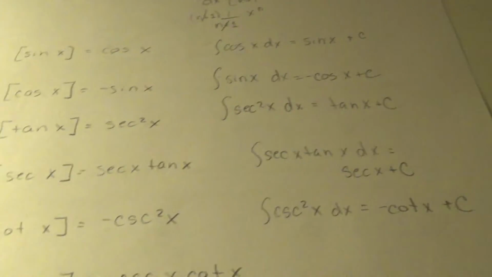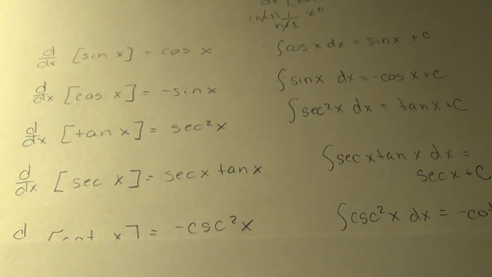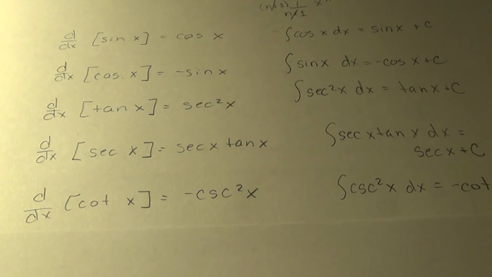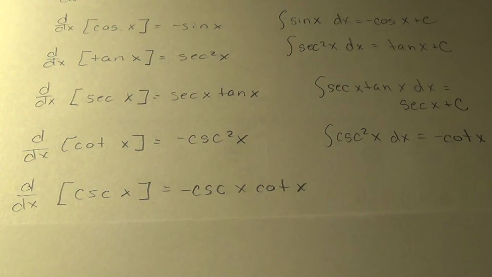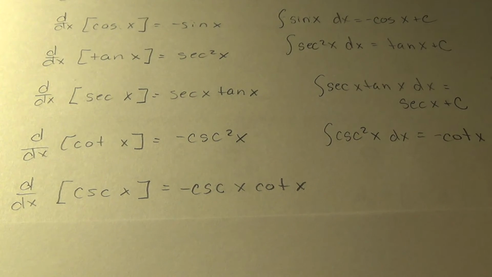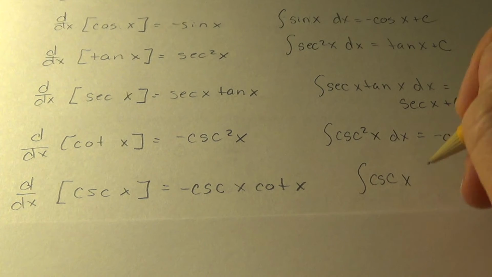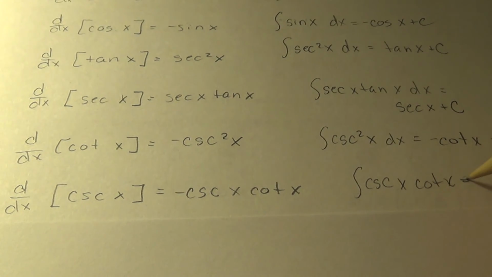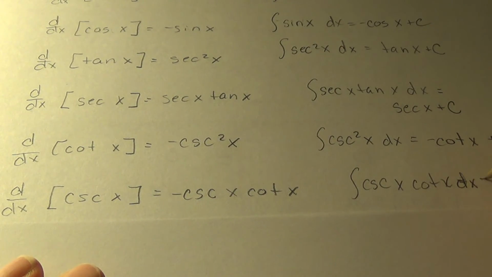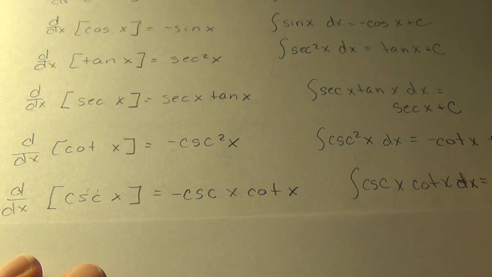And the last one, we should already know these, the derivatives. So the derivative of cotangent is negative cosecant squared, and then the derivative of cosecant x is negative cosecant cotangent. So I'm going to do the integral of the positive, which will give me this answer except with a negative.